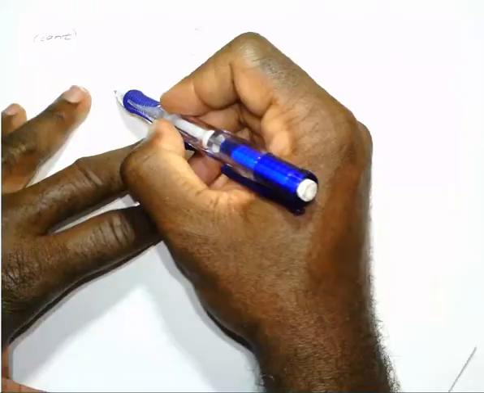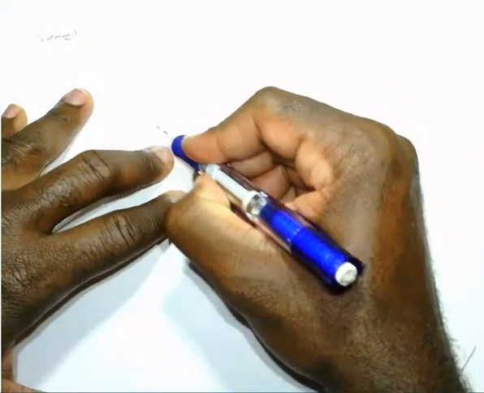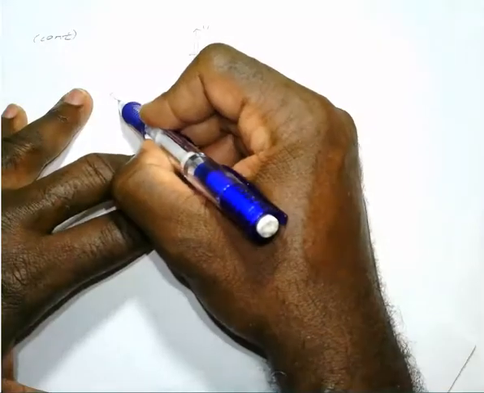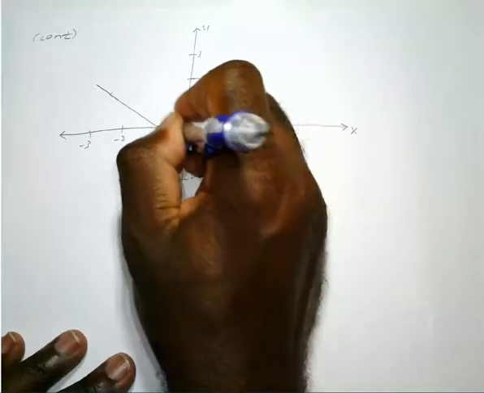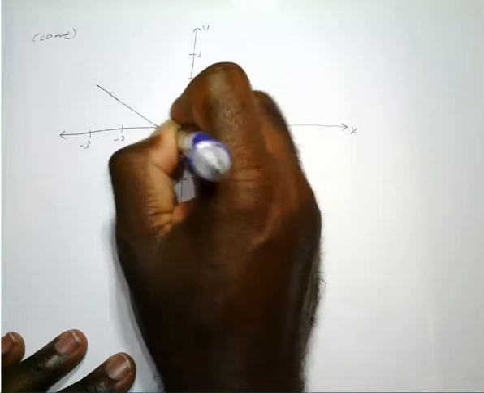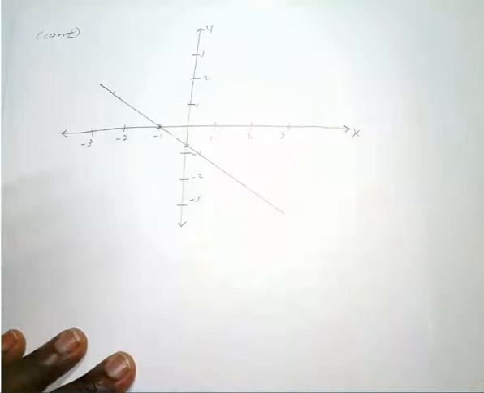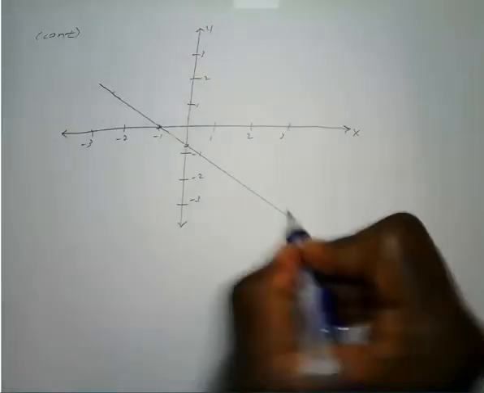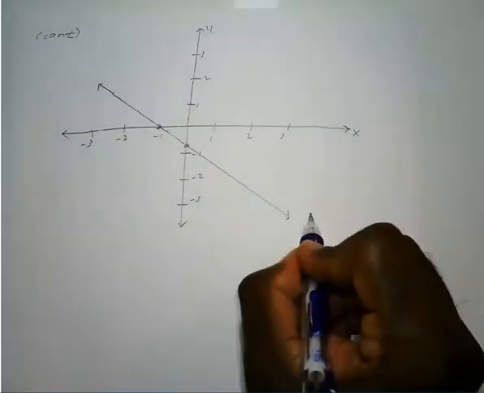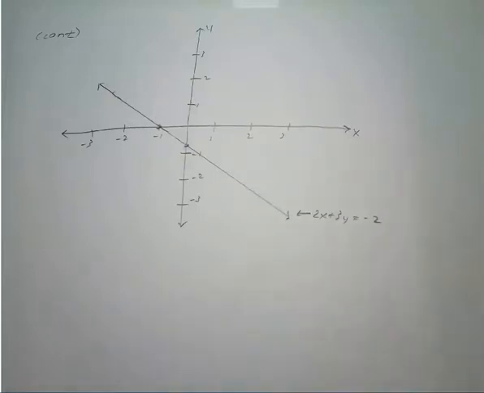There we go, and uh-oh, hit my finger by mistake. There we go. Excuse the little bump there from where it hit my finger. But if you're using an online graphing program, it will be a whole lot easier. But this is our graph for 2x plus 3y equals -2.